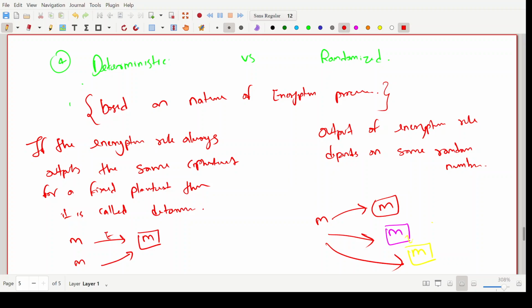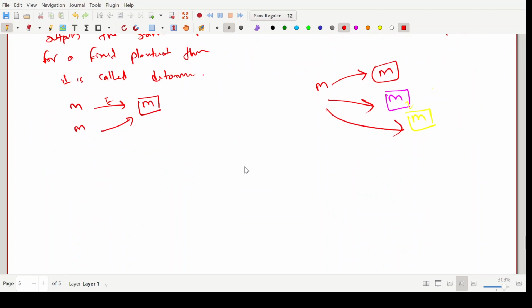So randomized crypto systems are assumed to be more secure than deterministic crypto systems. Okay. So if you talk about some examples, again here DES, AES, and RSA, Rabin, etc. These are your deterministic.